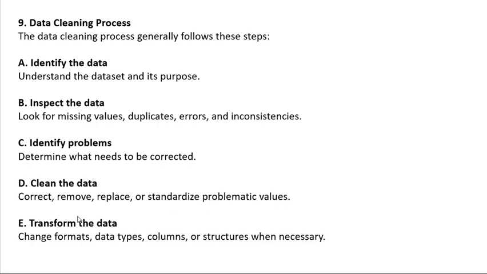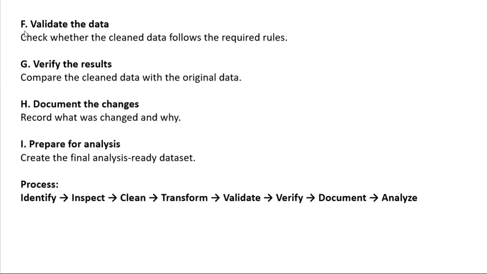And the fifth is transform the data, change the format, data types, and columns or structures if necessary. The sixth is validate the data, check whether the cleaned data follows the required rules. Seventh is verify the result, compare the cleaned data with the original data.